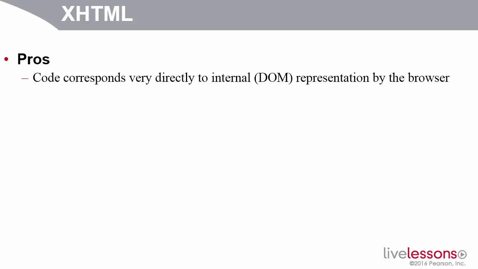And in some of the other HTML versions, you can write things in different case. And so what you write in the text editor might be in uppercase or mixed case, but what the browser stores internally is in lowercase. And so it's very confusing. So that's a big advantage of XHTML, that you write it like XML, and so what you write is a lot like what the browser stores internally.